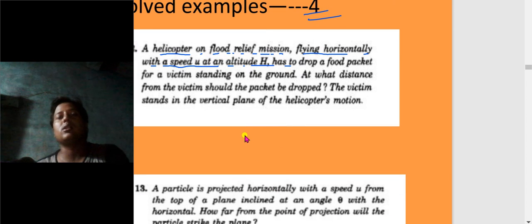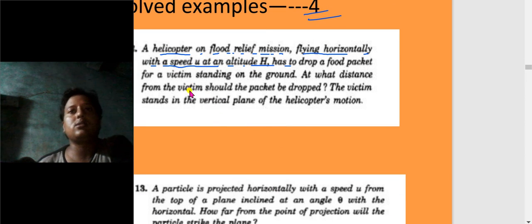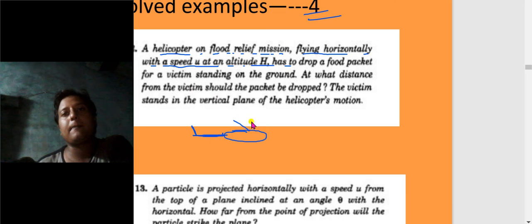There is a helicopter at an altitude of h moving with a speed u, dropping a food packet for a victim standing on the ground. At what distance from the victim? Suppose the victim is here and this distance is x. We have to calculate x.